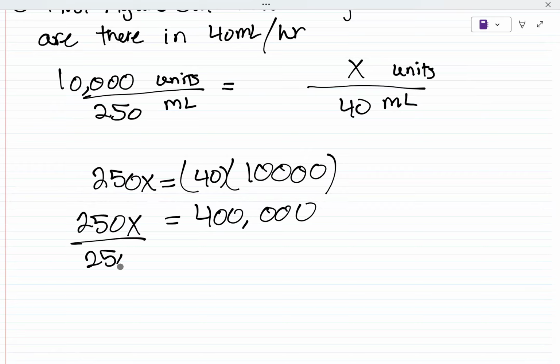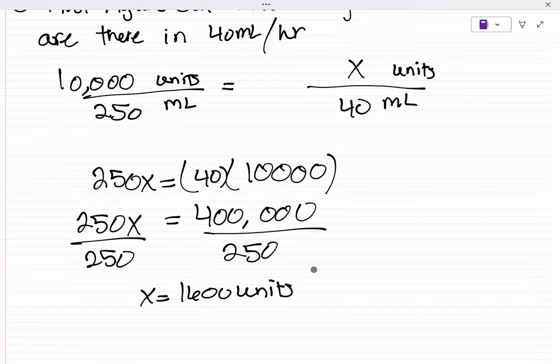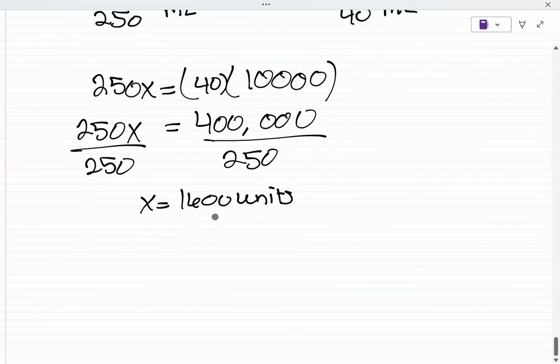Divide this by 250, divide this by 250, and you get 1,600 units. But we are infusing 1,600 units per hour.